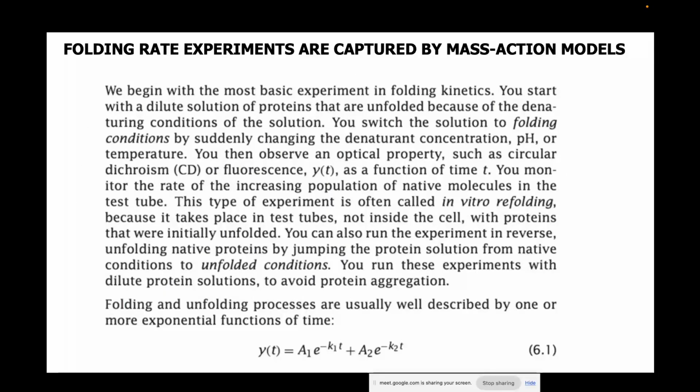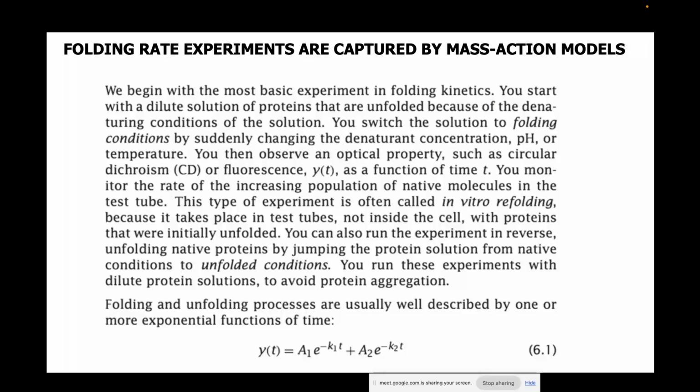So experimentally, how would you calculate folding rates? For calculating the kinetics, you need some sort of experimental data which will tell you about the different rates at which the reactions happen, right? If you begin with the most basic experiment, you start with a dilute solution of proteins that are unfolded because of the denaturing conditions of the solution, and then you switch the solution to folding conditions.